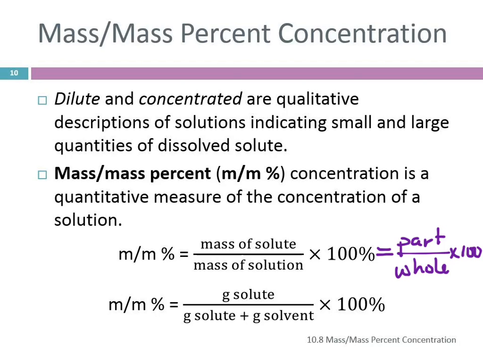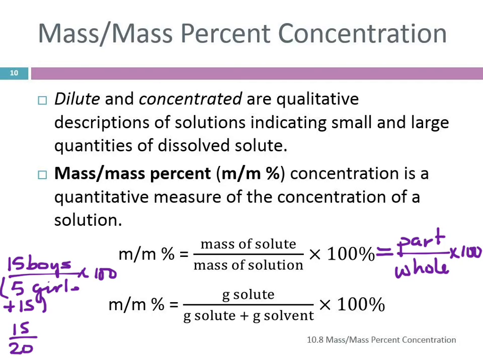But the mistake that you make if you don't add those two together is you say 15 boys divided by 5 girls times 100. Oh, 300% of the children were boys. No, that doesn't work out very well, right? It's boys plus girls. So it's 15 out of 20. So you have to divide by the whole thing.